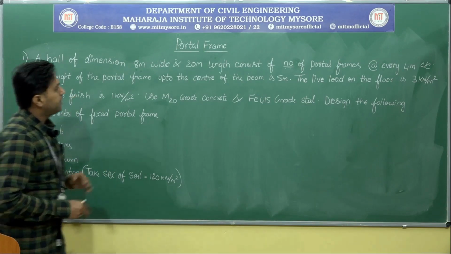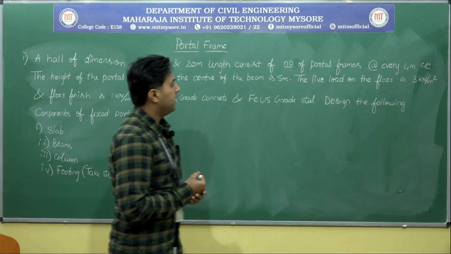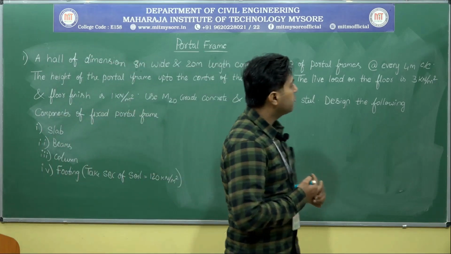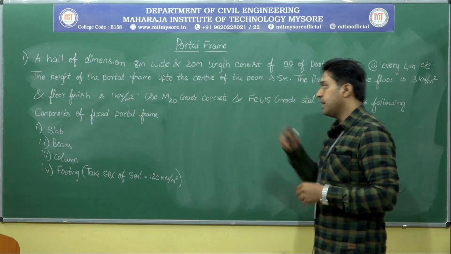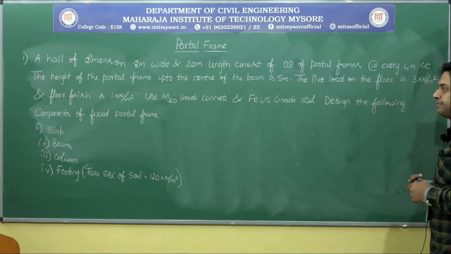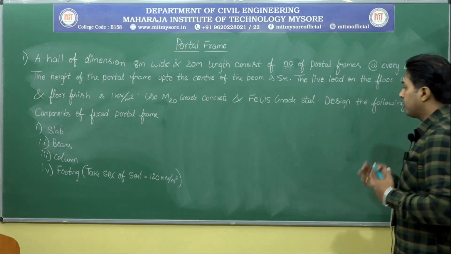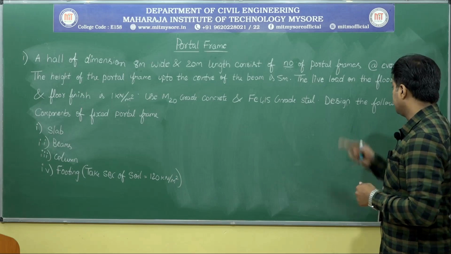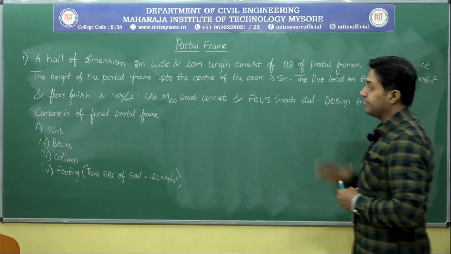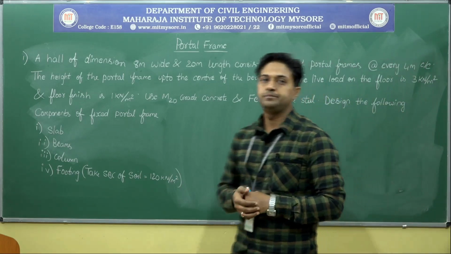The height of the portal frame up to the center of the beam is 5 meter. The live load on the floor is 3 kilonewton per meter square and the floor finish is 1 kilonewton per meter square. Use M20 grade concrete and Fe415 grade steel. Design the following components of the fixed portal frame.